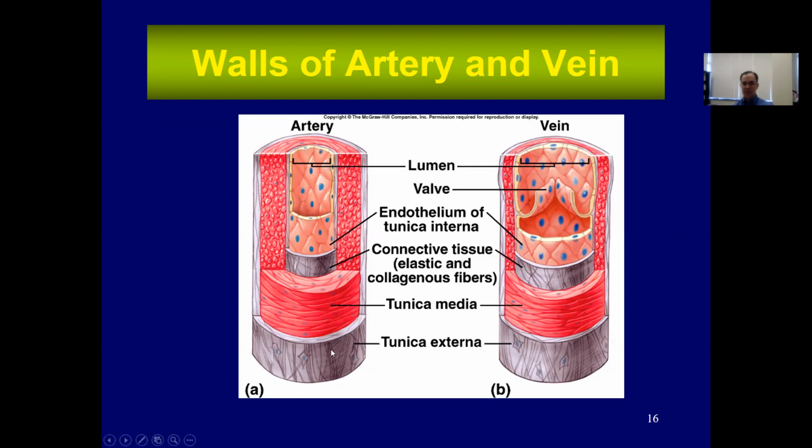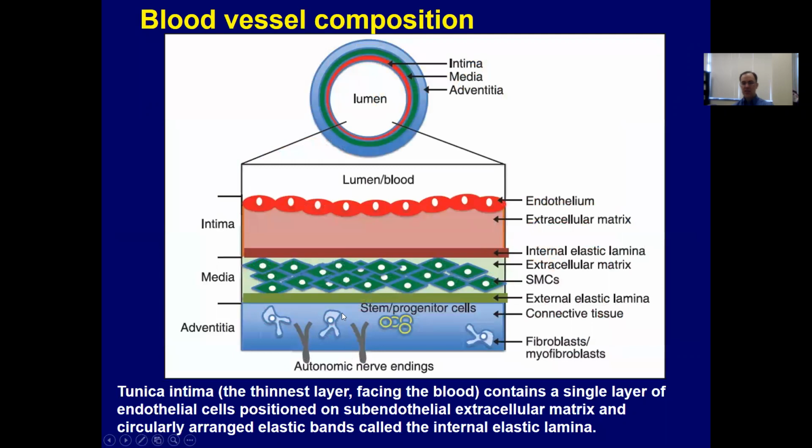And finally, the tunica externa, which gives integrity to the arteries and the veins themselves. We won't talk too much about that, but it's the outer layer of each vessel that gives it integrity. Again, looking at a cross-sectional view, we talked about the tunica intima. What we have here now is the tunica media, here in green, the smooth muscle cells.